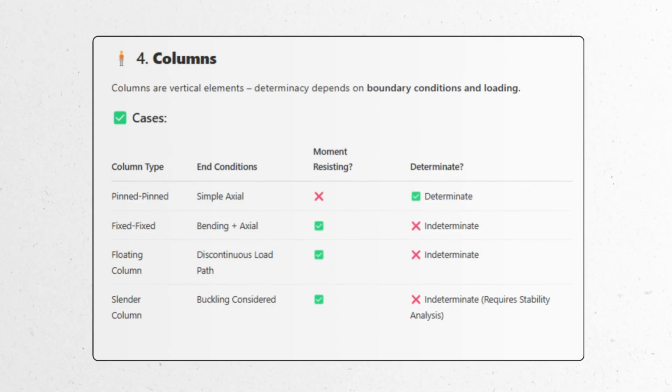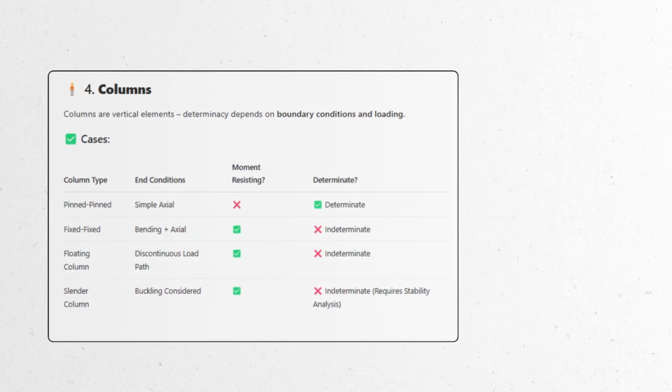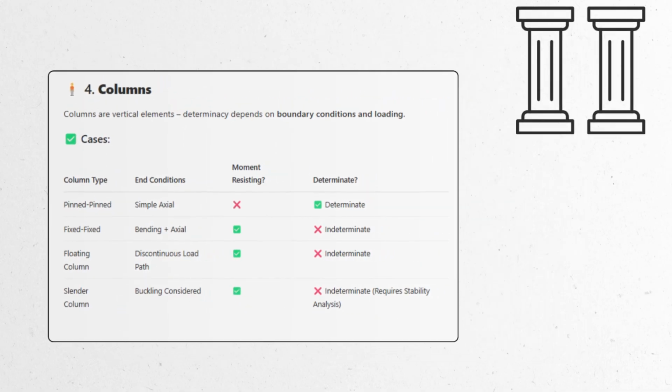Columns. For columns, determinacy depends on end conditions and frame connectivity. A column with pinned ends and isolated loading can be statically determinate. But columns in real buildings are connected to beams and slabs and participate in frame action.